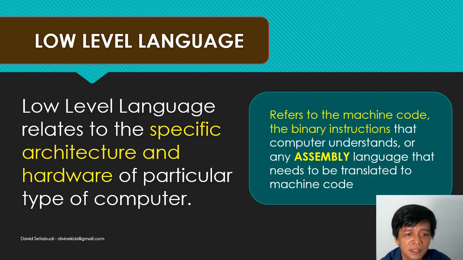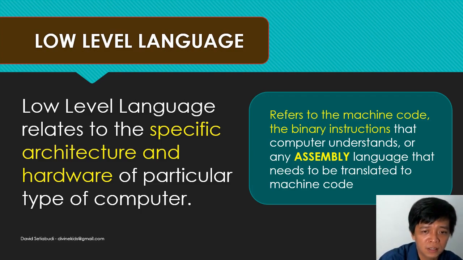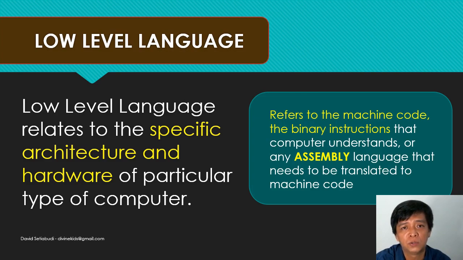So assembly language. This one, okay, I'll read first, refers to the machine code, the binary instructions that a computer understands. The first one, the machine code 0, 1, 0, 1, 0, 1, and then any assembly language that needs to be translated to machine code.